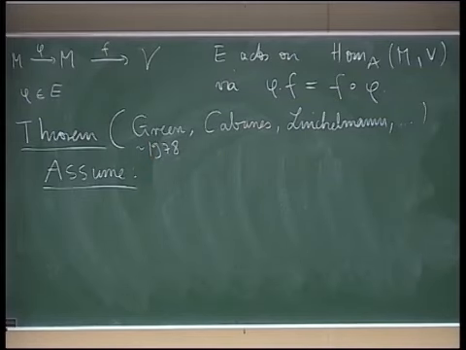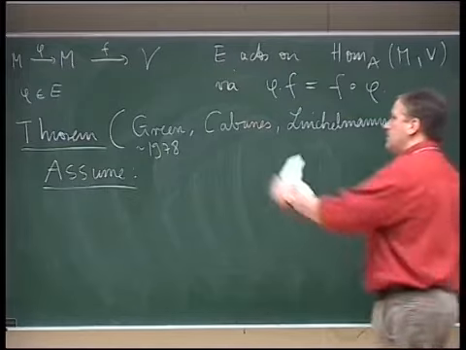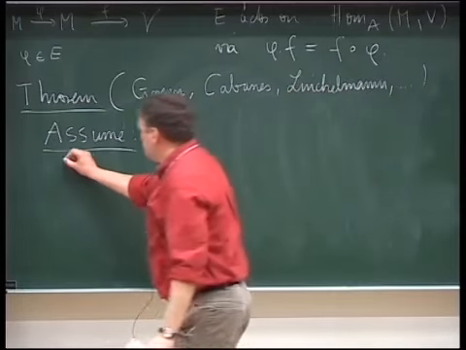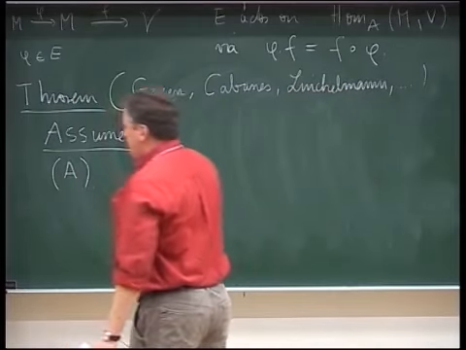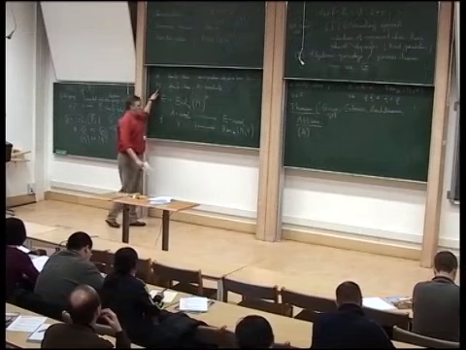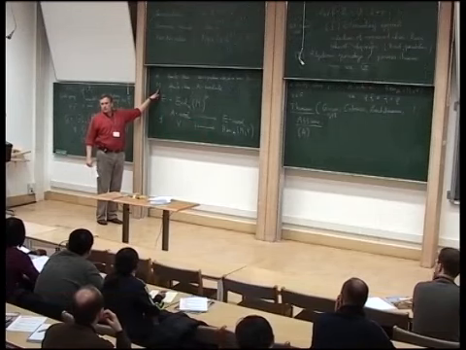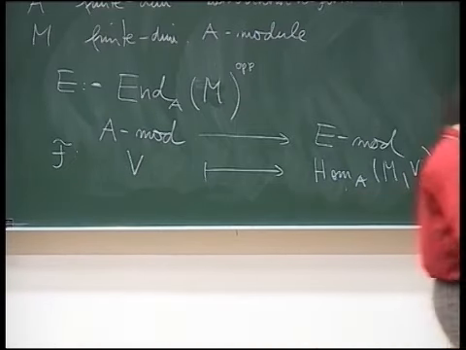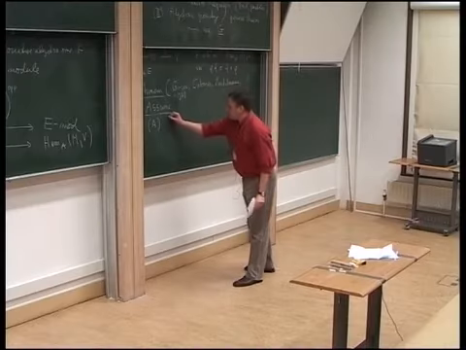So we have to make two basic assumptions to get some result here. The first is the following. I need to assume something about this module M. I said I don't assume it's simple or even semisimple, but I have to assume something about its composition factors.